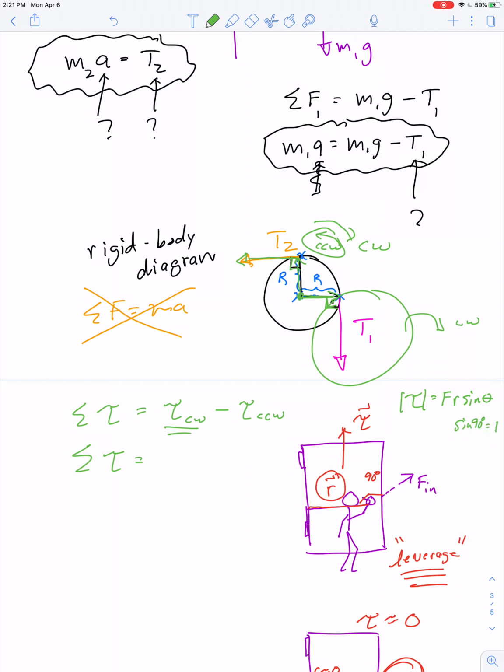Just like net force can be substituted with ma, net torque can always be substituted with I alpha. So we get to say I alpha is equal to T1R minus T2R. Now what's I? What's the rotational inertia for a solid disk? Isn't that what we said the shape of our pulley is?